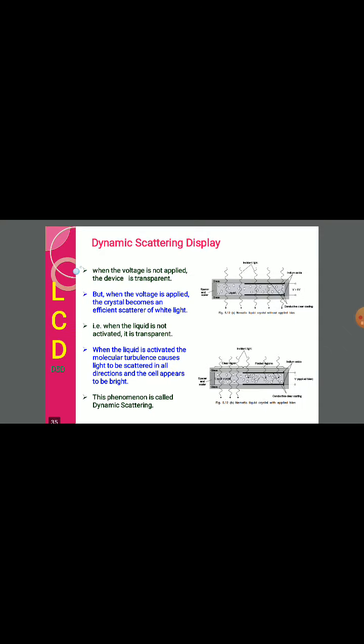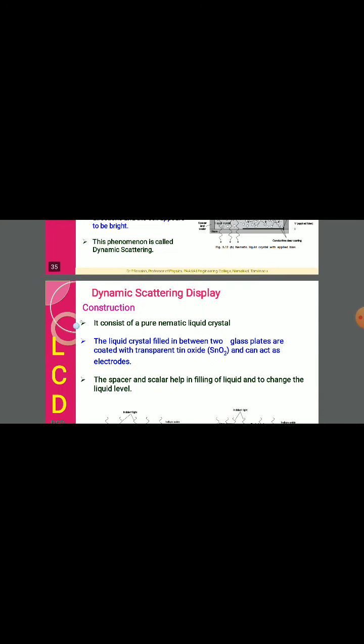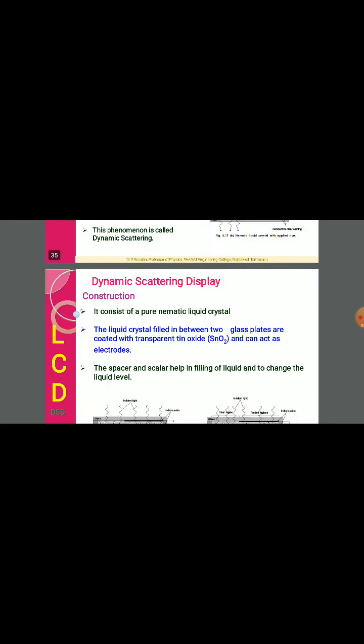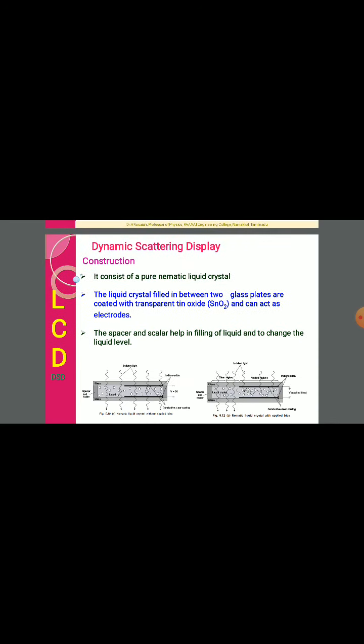This is a simple explanation. What is the construction of these dynamic scattering displays? It's very simple. It consists of nematic liquid crystal. This liquid crystal is filled in between two glass plates coated with transparent tin oxide, which can act as electrodes.